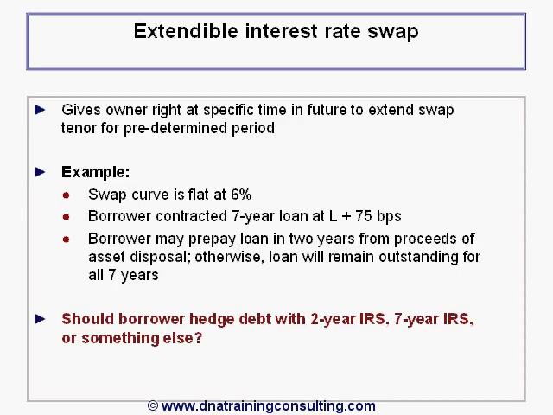Should this borrower hedge his debt with a 2-year IRS, a 7-year IRS, or with something else?